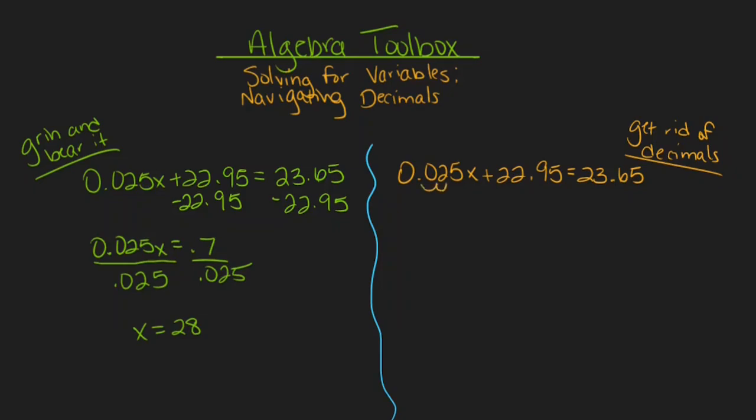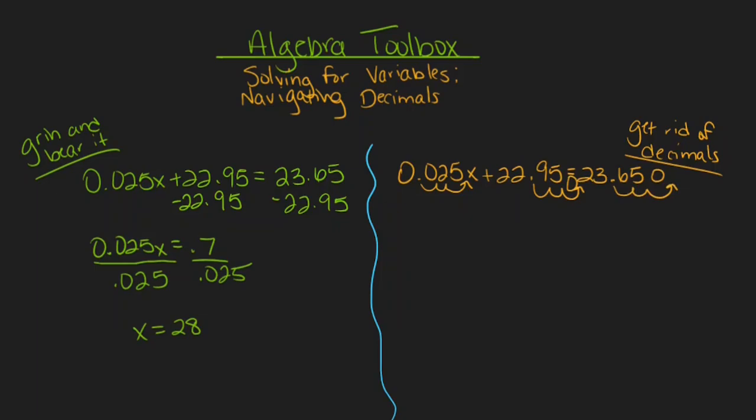So 1, 2, 3. I can mimic that motion of the decimal point in all of the other terms in this equation and thereby get rid of all of my decimals. So I will jump 3 spaces to the right, 1, 2, 3, filling in any blank spots with zeros. And again, 1, 2, 3, filling in any blank spots with zeros.